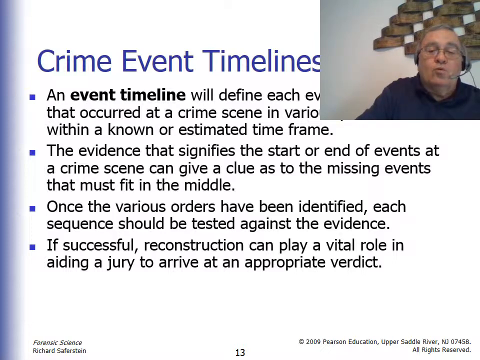Once the various orders have been identified, each sequence should be tested against the evidence. If successful, reconstruction can play a vital role in aiding a jury to arrive at an appropriate verdict.